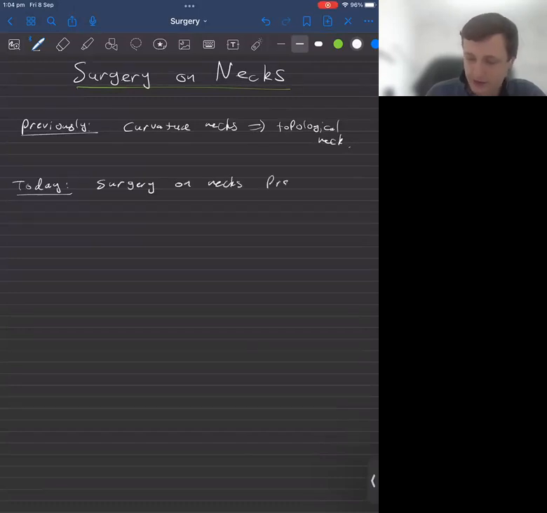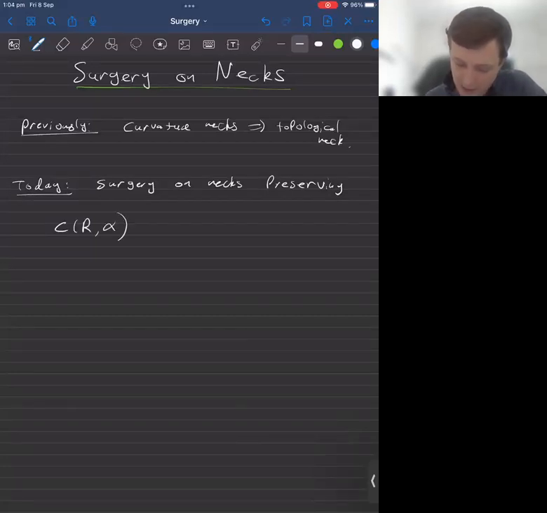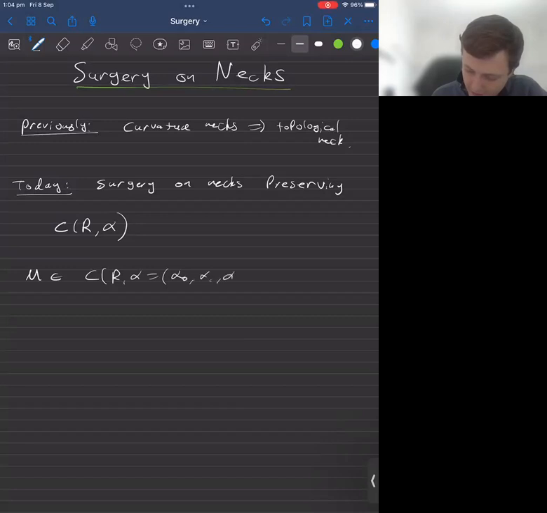A surgery technique that preserves essentially pinched convexity, or rather a slightly smaller class than pinched convexity. So preserving this class C alpha. Remember, M is in C alpha, where alpha is a tuple of three numbers, if and only if the following hold.